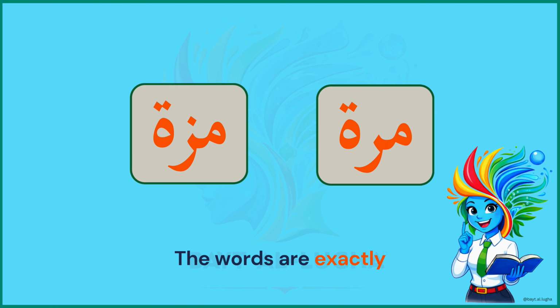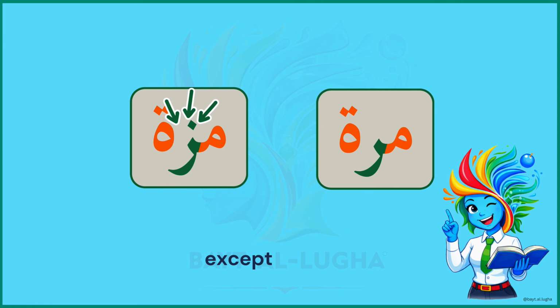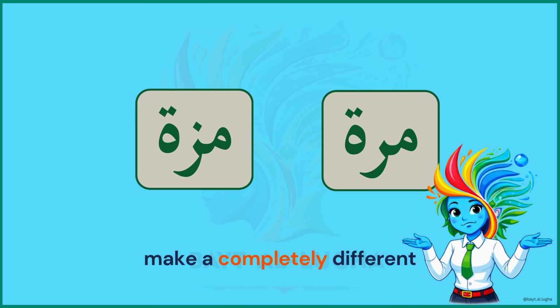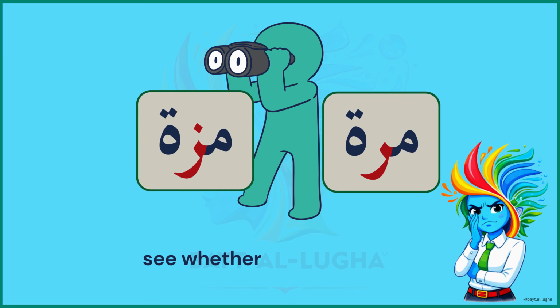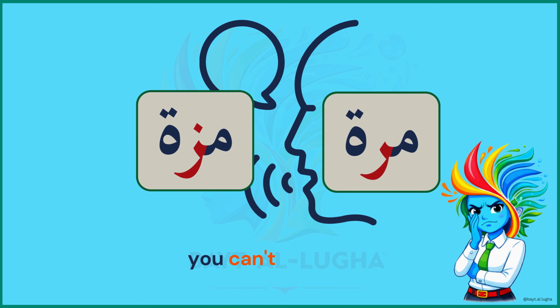The words are exactly the same skeleton, stroke by stroke, except one dot, where R doesn't have it and Z has one above it, to make a completely different word. That's the whole test for this pair. If you can't see whether the dot is there, you can't tell which word you are reading.